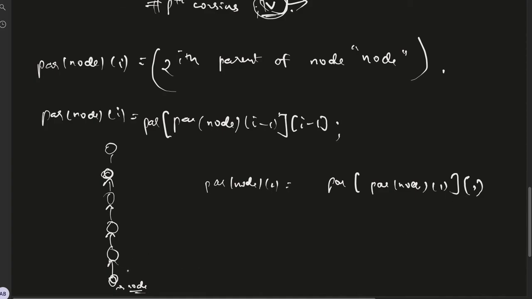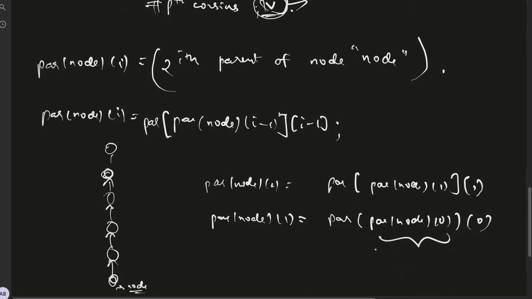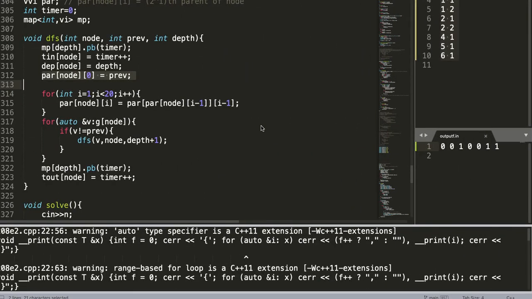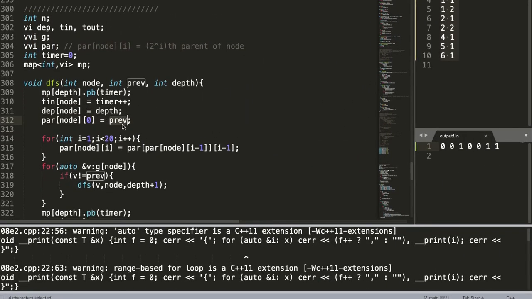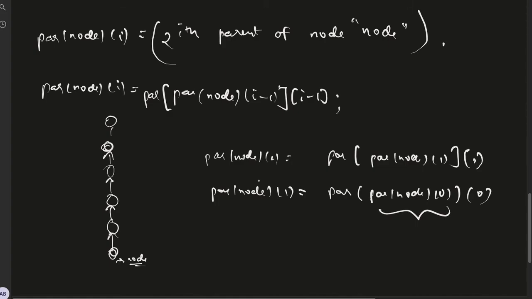So parent of node comma 1 is again parent of node comma 0, 0, and parent of node comma 0, as we say in the base case here, is just the immediate parent.